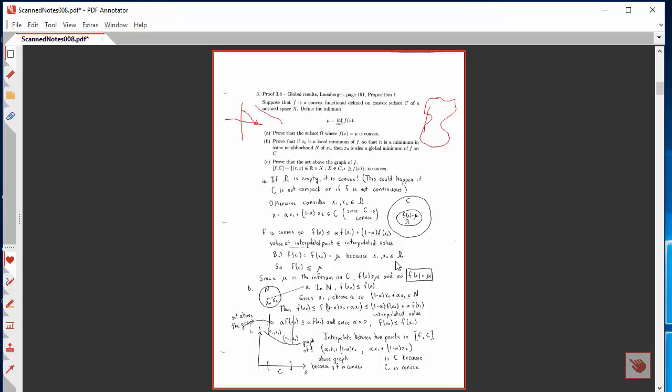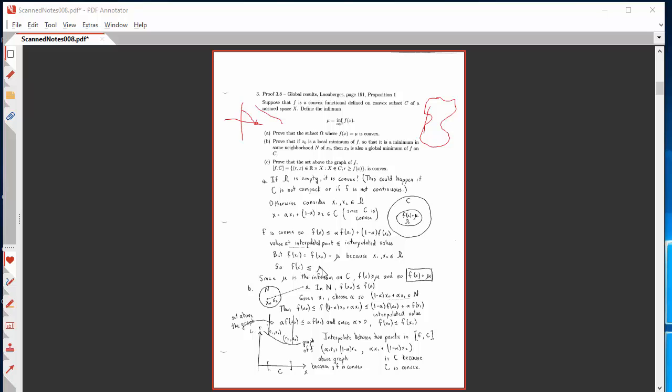But x1 and x2 are both in the set omega where the infimum is achieved, and therefore f of x1 and f of x2 are both equal to mu. So that means the right-hand side is alpha mu plus 1 minus alpha times mu, or mu, and we concluded that f of x is less than or equal to mu.